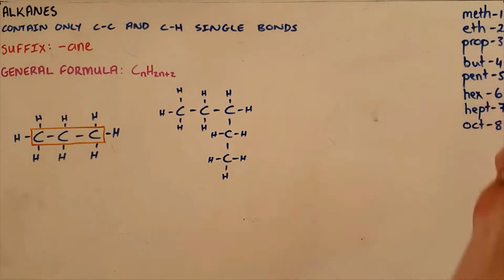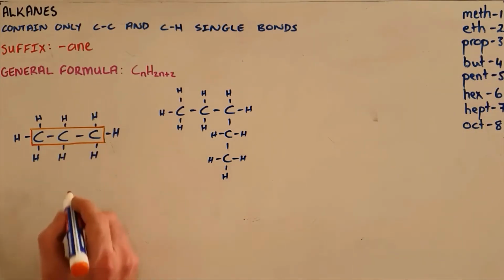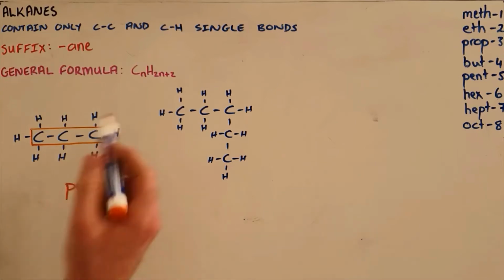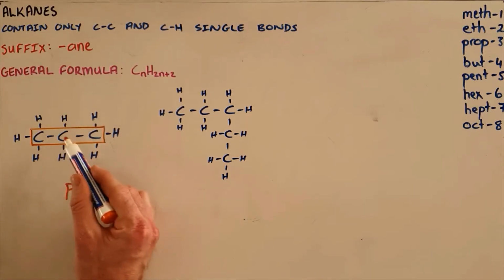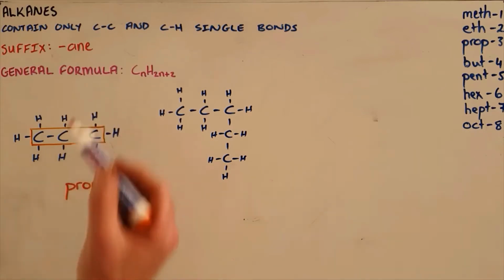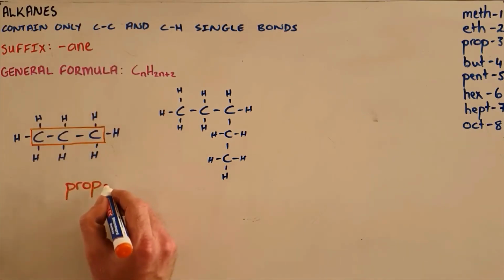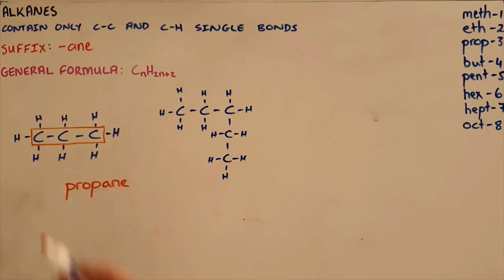The prefix for a compound containing 3 carbons is prop, and because we can now see that this compound contains only carbon-carbon single bonds and carbon-hydrogen single bonds, we know that it is an alkane and therefore gets the suffix -ane. So this compound is therefore named propane.